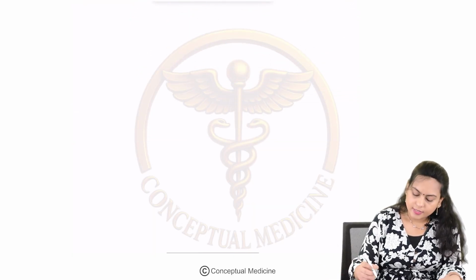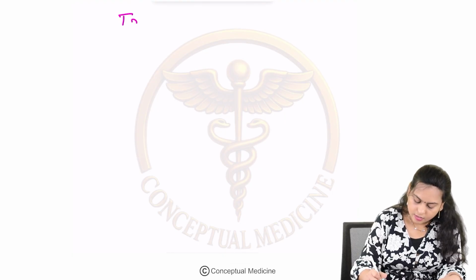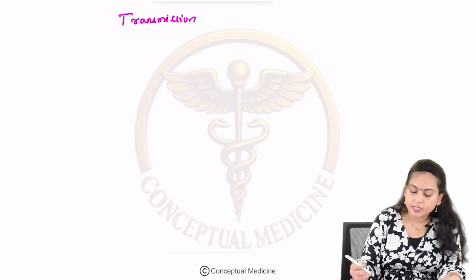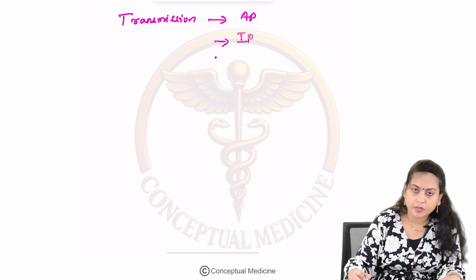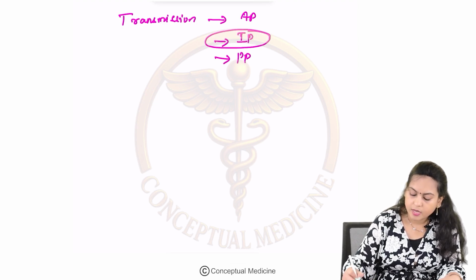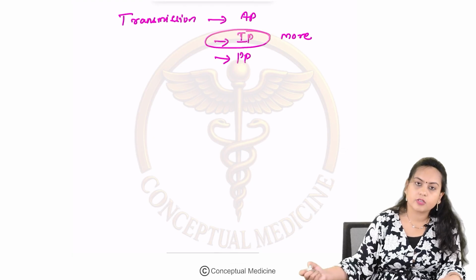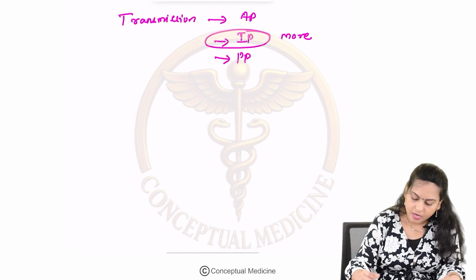Remember, transmission to the fetus can occur in all the stages. It can occur in the antepartum period or intrapartum period or even in the postpartum period, but it is more during the intrapartum period.